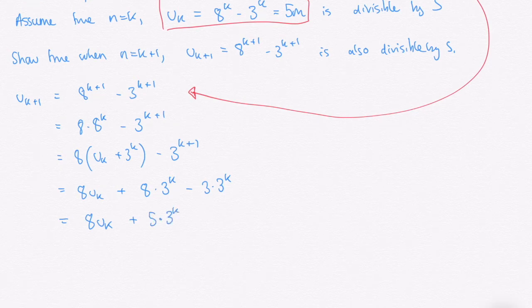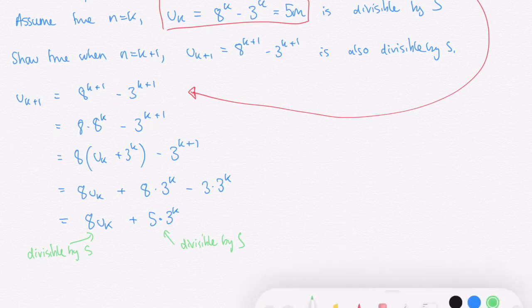And we can see that this last term definitely is divisible by 5. And this term is also divisible by 5 by our inductive hypothesis. So that whole expression has a factor of 5, so is divisible by 5. And if that's not totally convincing, we can write uk as 5m.